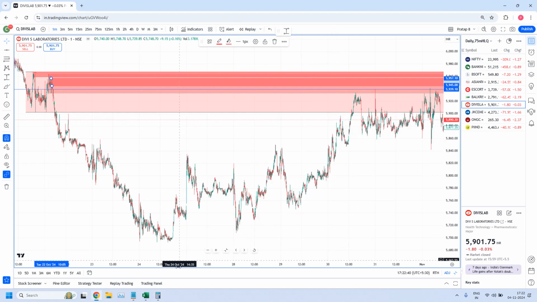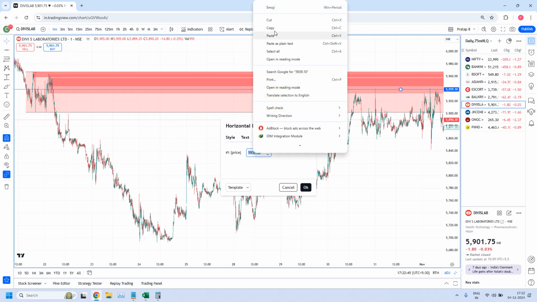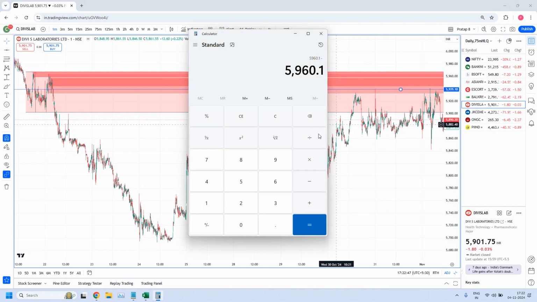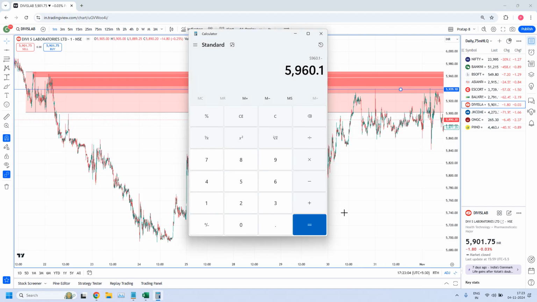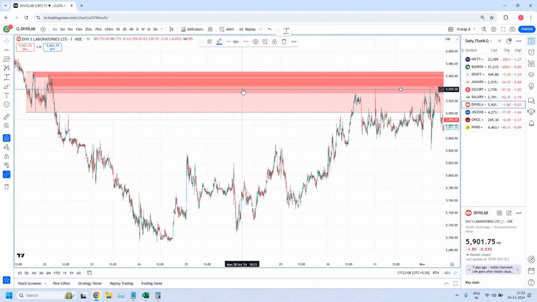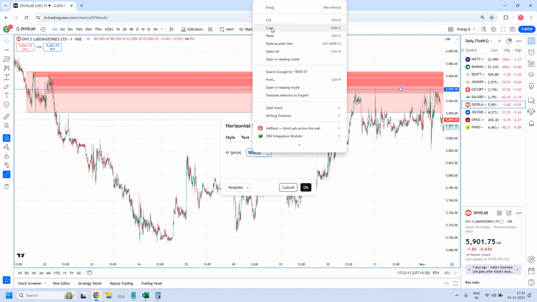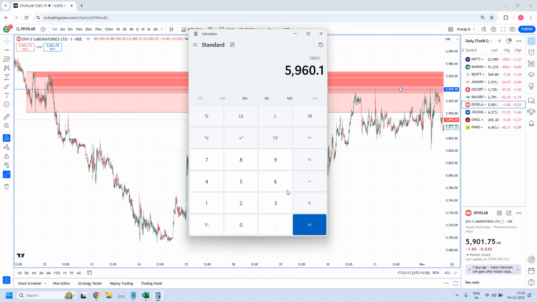Minus, what is our entry? Why am I calculating the risk? To check whether to accept this trade or not. 5960.10 minus 5939.10.